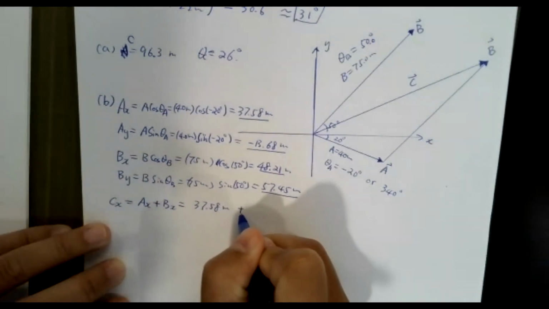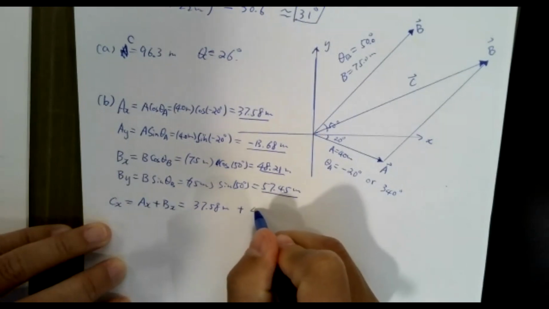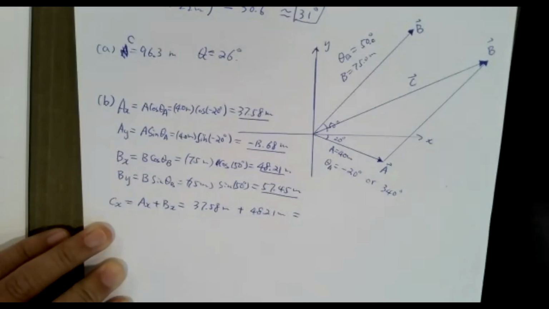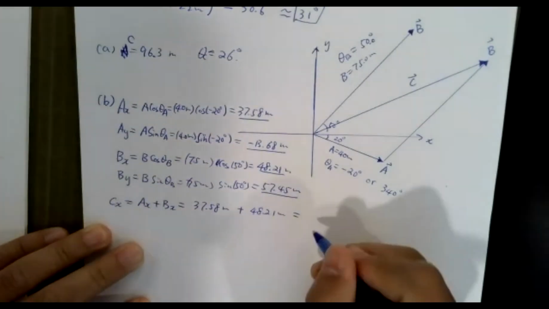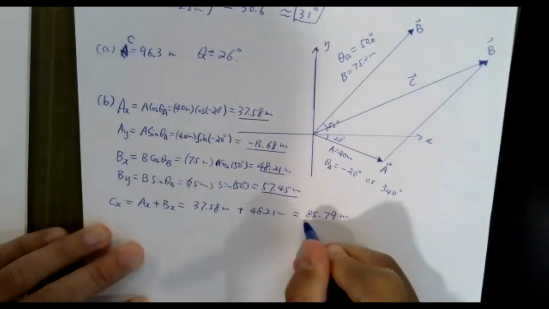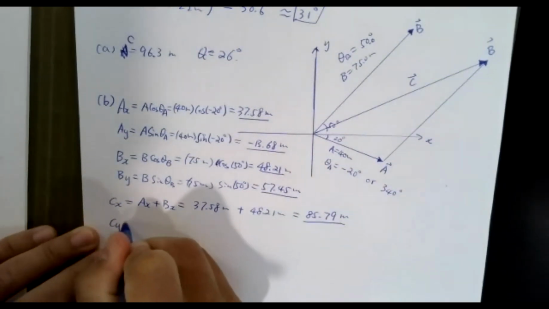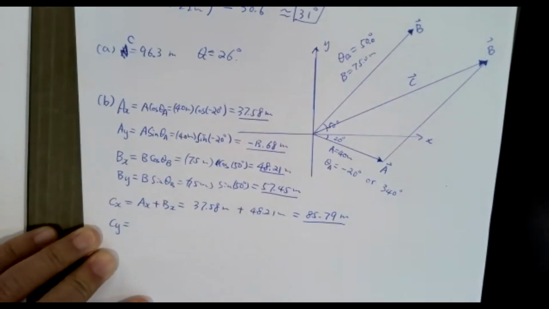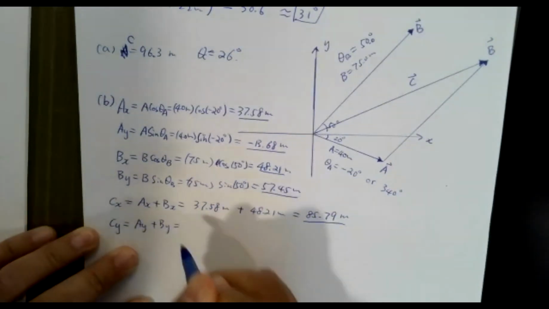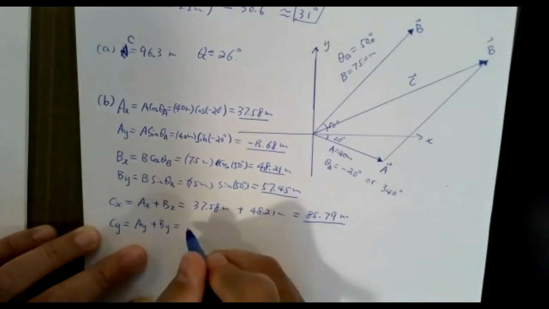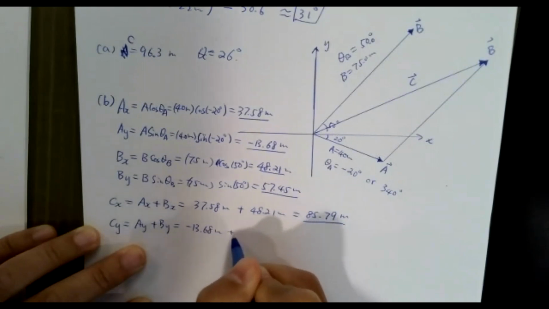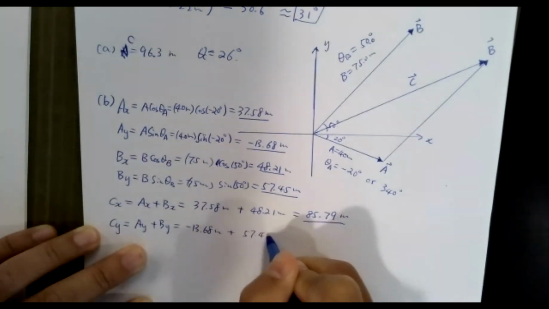37.58 meters plus 48.21 meters, okay? Which gives me 85.79 meters. And then the y component of the resultant is going to be Ay plus By, okay? So Ay is negative 13.68 plus By is 57.45 meters.